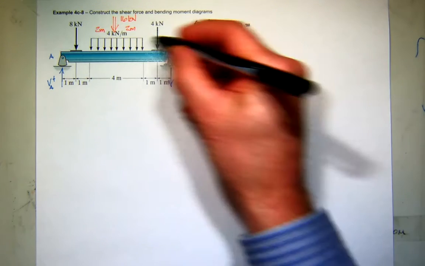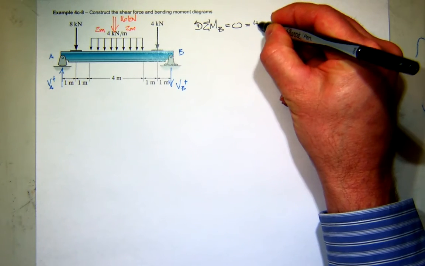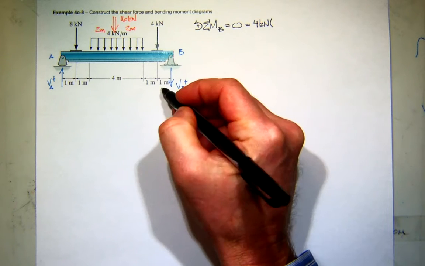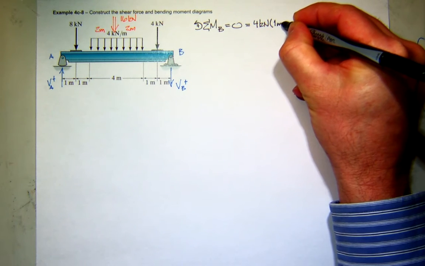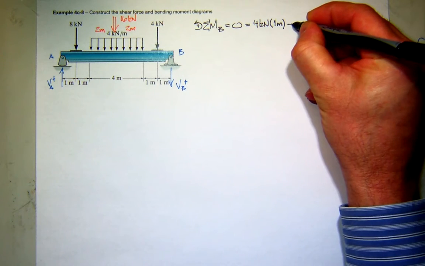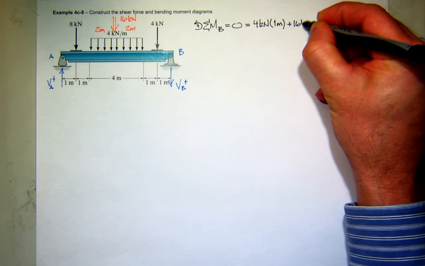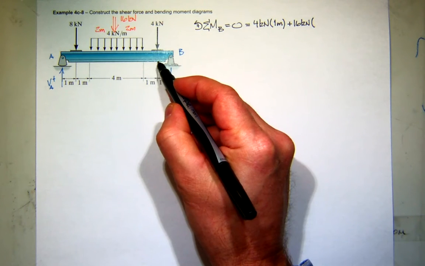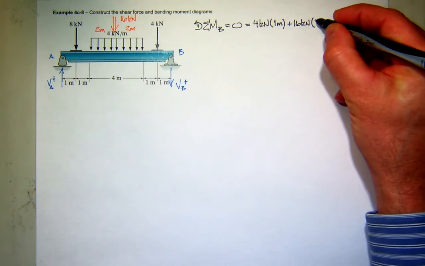Positive. So I'll just take them in order. I'll have 4 kilonewtons times its moment arm, which is just a meter. I'll have my concentrated equivalent force, which is 16 kilonewtons, times its moment arm, which is 1 plus 1 plus 2, is 4.